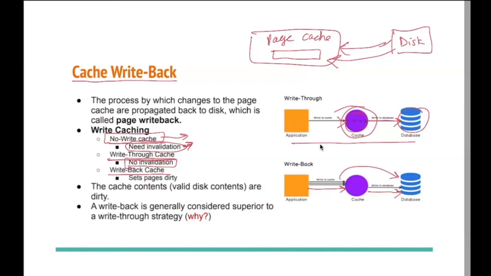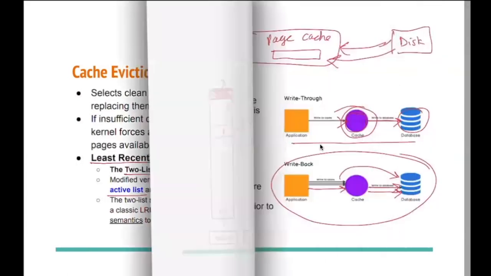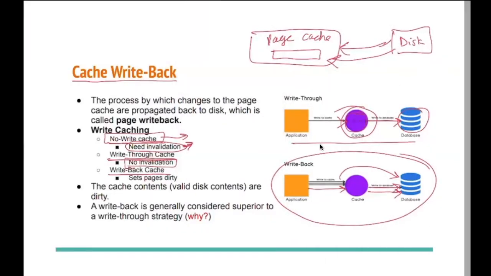It is a better utilization of the cache, because every time we do a small change in the page, we are not pushing it back to the disk. We have different strategies for deciding when to push the data from cache to disk, and that we will discuss in the next slide.